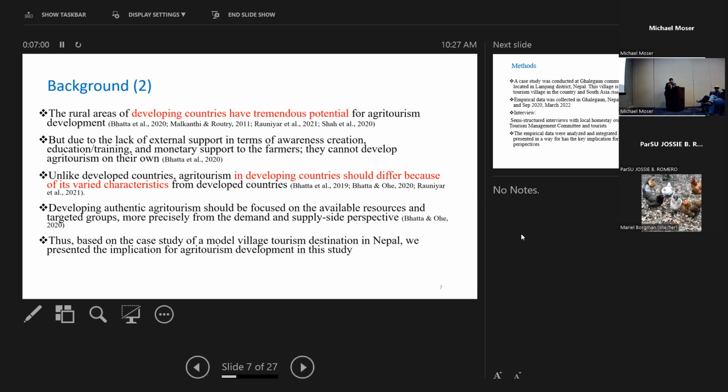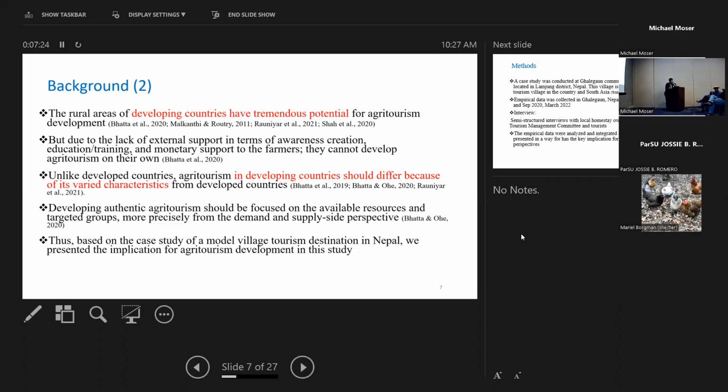There may be another question: why don't we import agritourism from developed countries? But it's difficult to implement as it is in developing countries because of the paying capacity of the guest, expectation, quality maintenance, and so many things. Therefore, we need to develop authentic agritourism based on the available resources in the destinations.